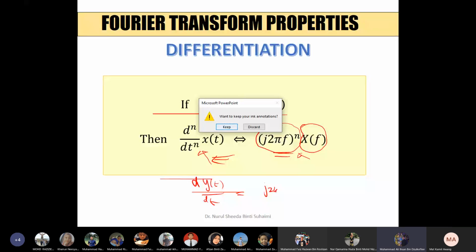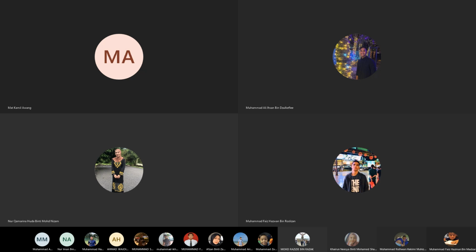Alamak, habis saya punya ni. Dah hilang dah. Nampak tak? Tak nampak, sir. Kejap, tiba-tiba je. Tertekan.